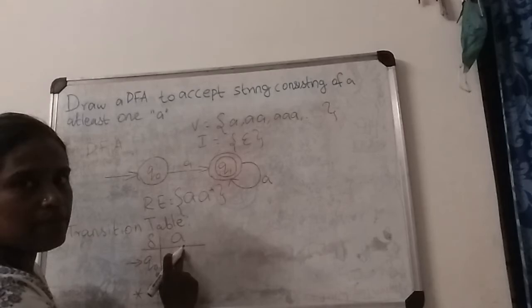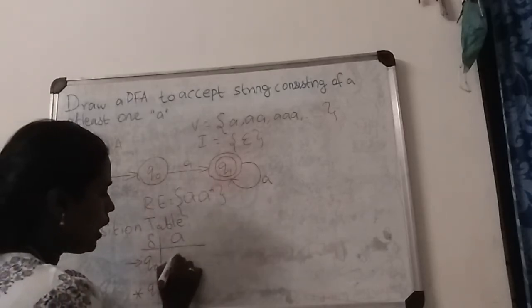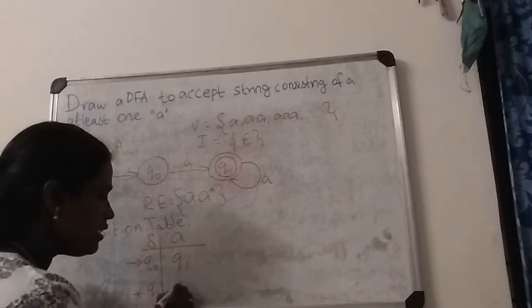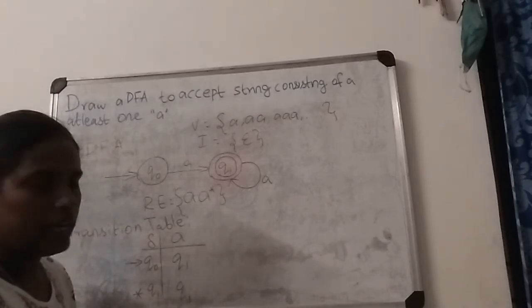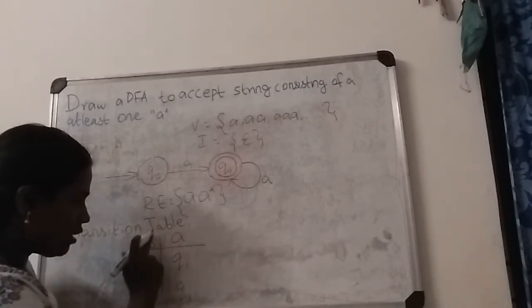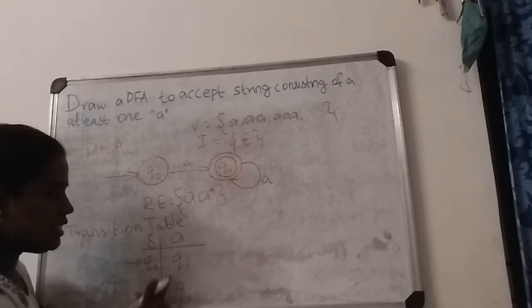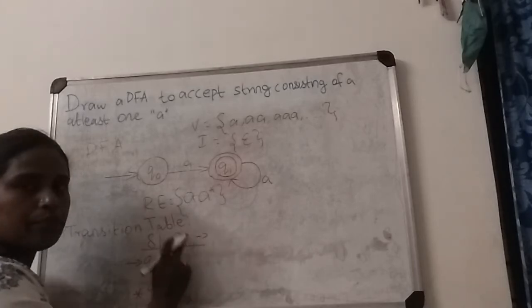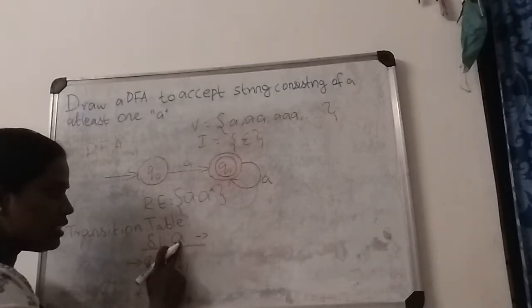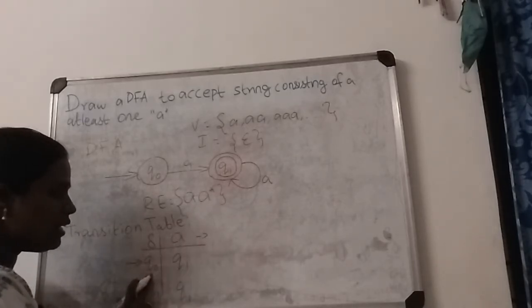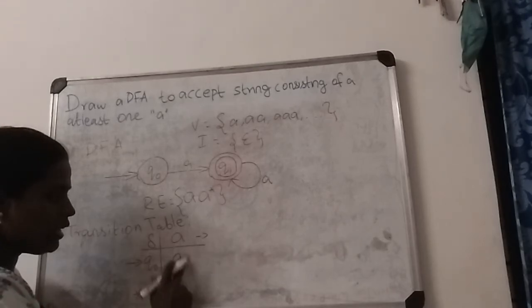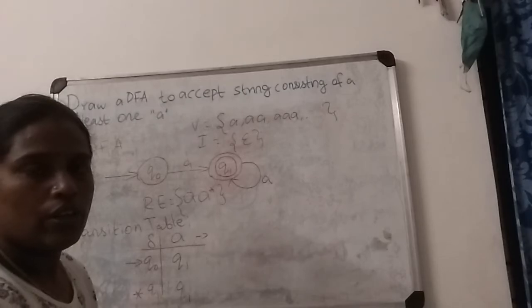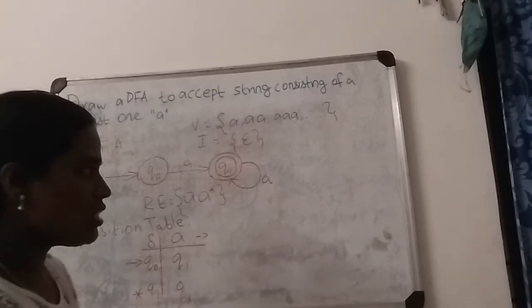Q0 on A goes to Q1, and Q1 on A stays in the same state, Q1. So the column side represents the states, and the row side indicates the input symbol. Once it accepts input symbol A it goes to Q1, and Q1 on A goes to Q1 itself. This is the transition table.